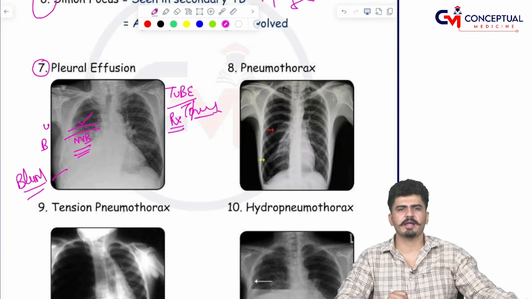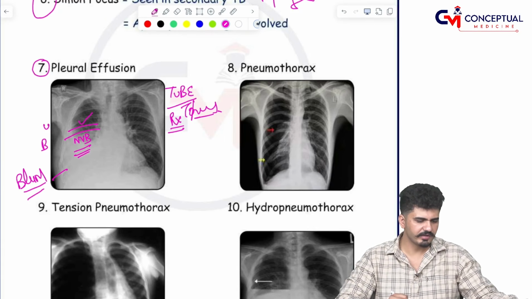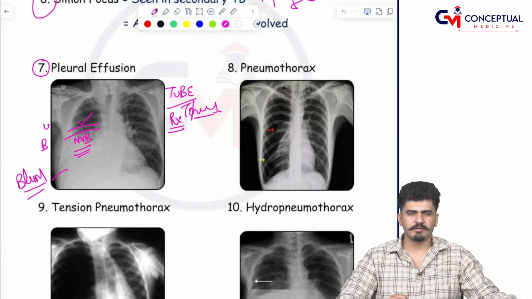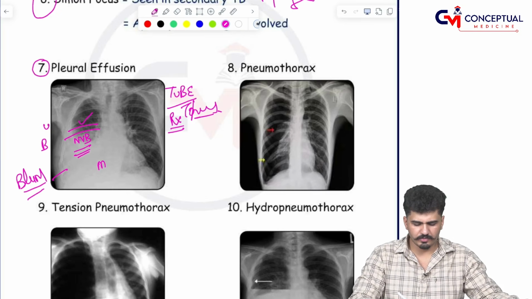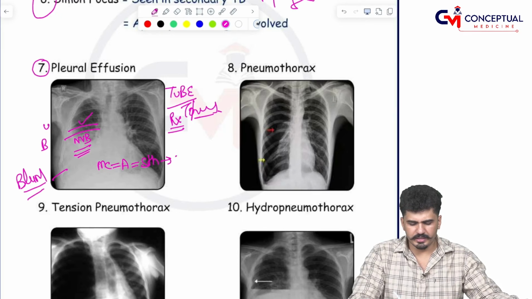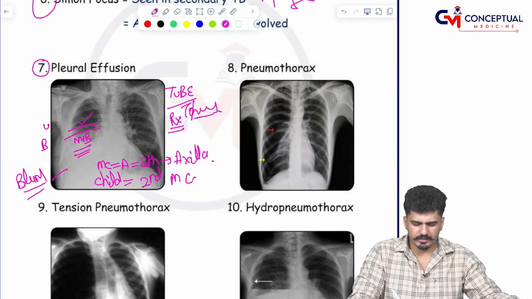I taught you well in the anatomy class, we learned this on the very first day. Very nice. Pleural effusion: the most common space in adults is the 5th mid-axillary, and in children it is the 2nd mid-clavicular.